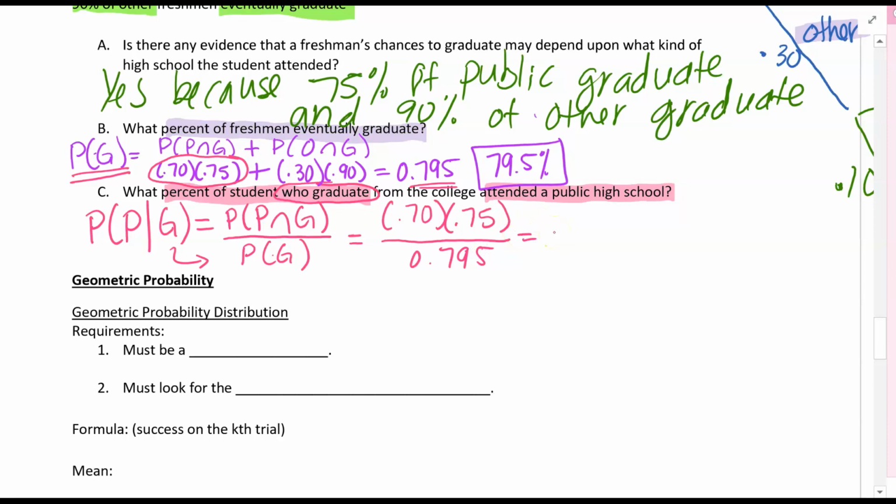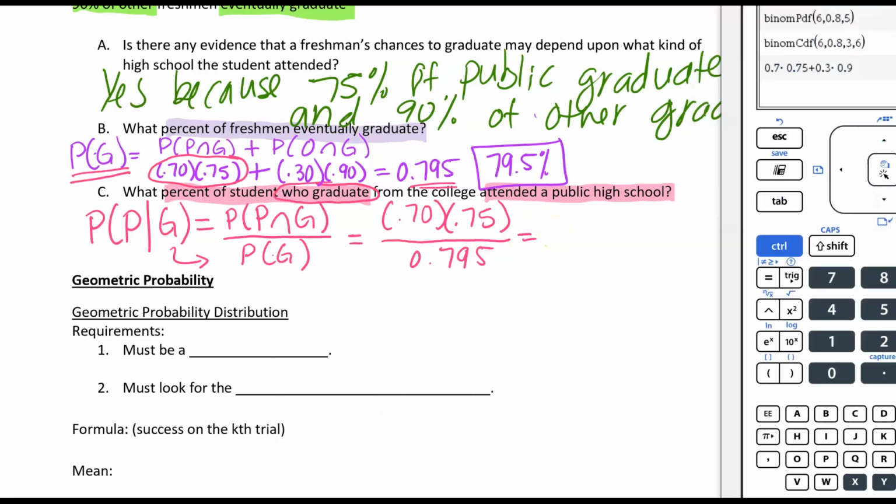So you're going to grab your calculator and plug that in. Whenever it's a fraction, I like to make a fraction. To make a fraction, you just do control divide, and it does the little fraction. You do 0.7 times 0.75 over the 0.795.